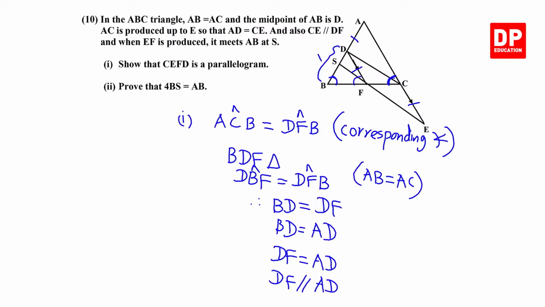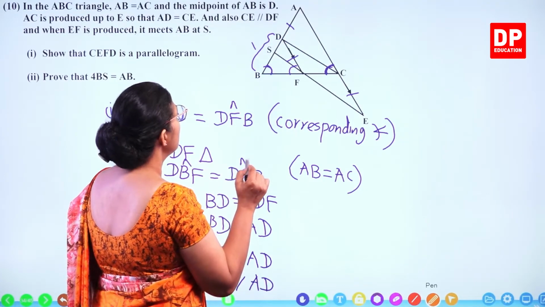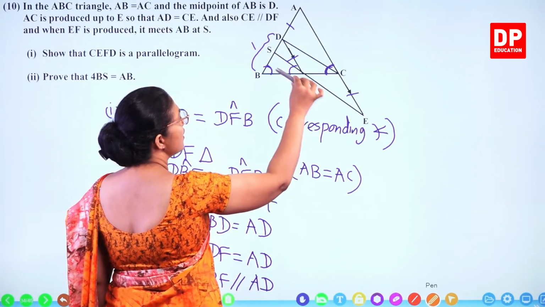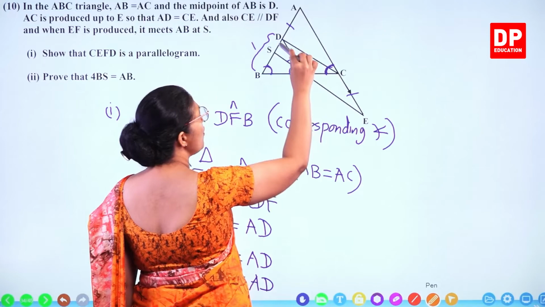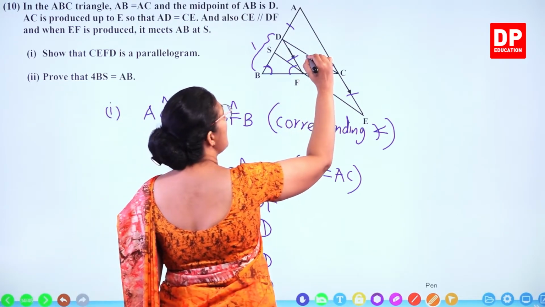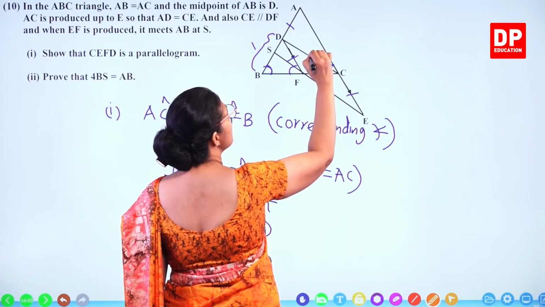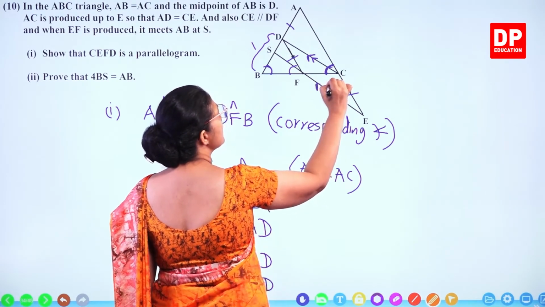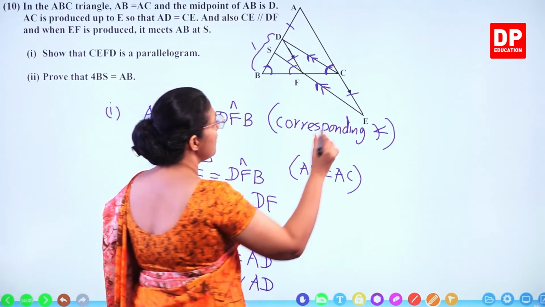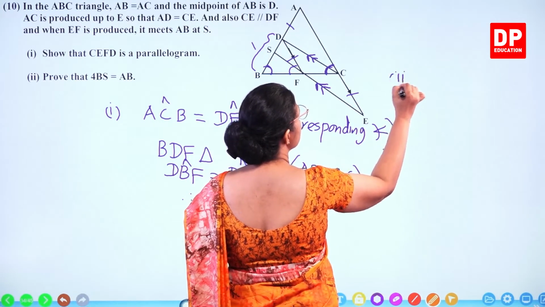So 1/4 of AB is BS. How are we going to show that? Now, look at the parallelogram. We found from the first part DCEF is a parallelogram. So that means opposite sides are parallel in a parallelogram. So we can write down that part first.